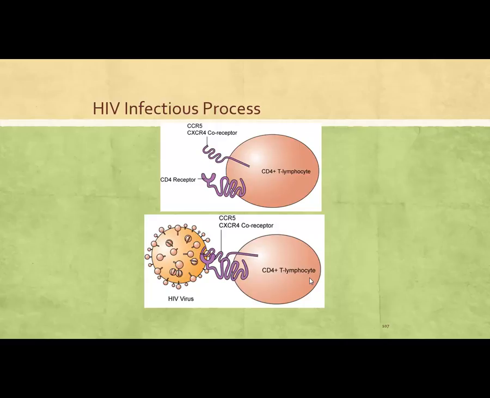It does this first by entering the host bloodstream and then hijacking certain cells, especially the CD4 T cells, helper inducer cells. And remember what these cells do: they call for help, direct immune system defenses, and regulate immunity.